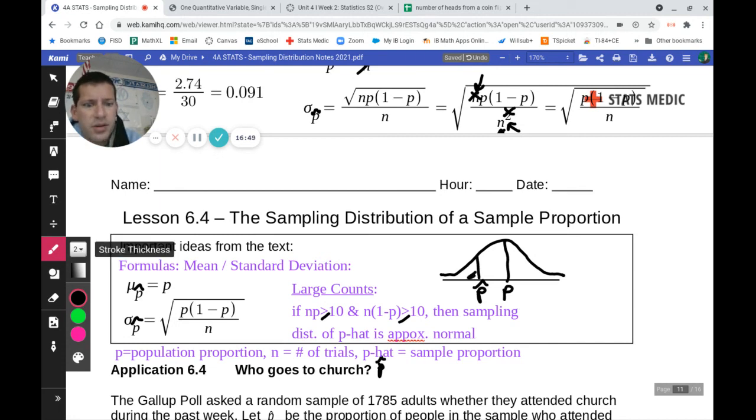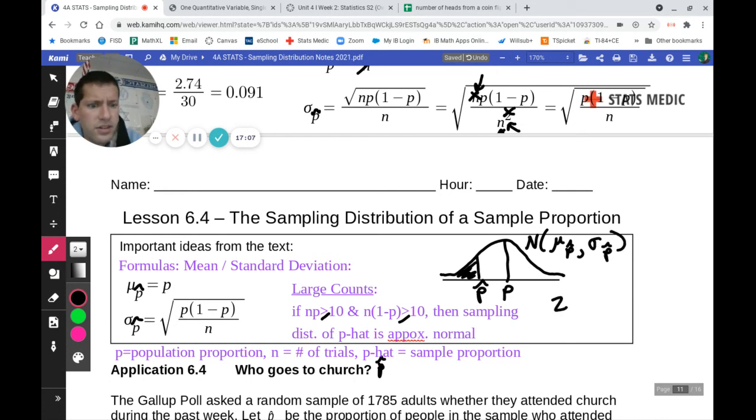If we want to shade below or above, whatever we're discussing, this is a normal distribution with our mean of p hat and our standard deviation of p hat.